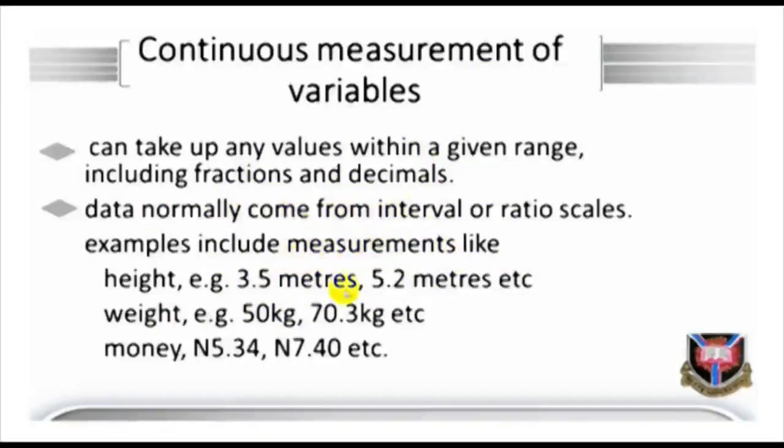Data on continuous measurements normally come from interval or ratio scales. These include measurements like height, weight, money, etc., which could be expressed in decimals or fractions like 5.2 meters, 70.3 kilometers, or 7 naira 40 kobo.